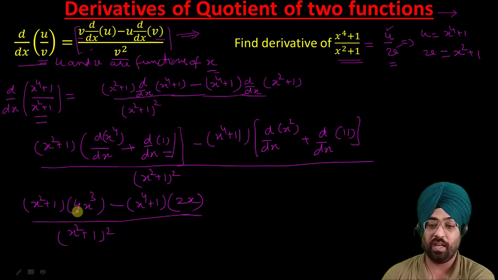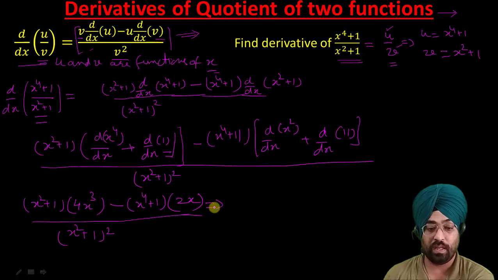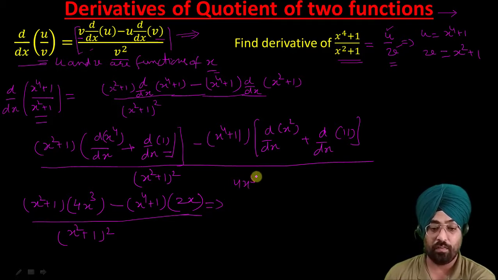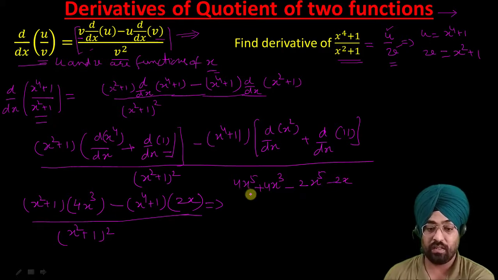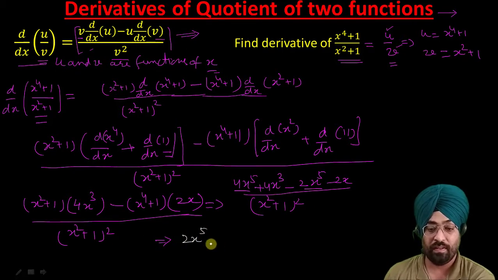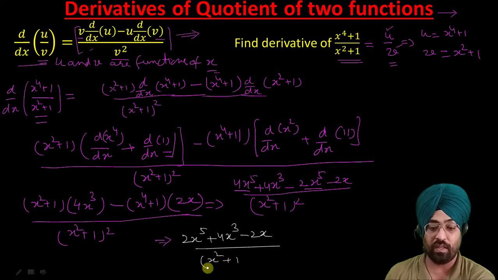If you solve it, it becomes 4x raised to the power 5 plus 4x cube minus 2x raised to the power 5 minus 2x divided by x square plus 1 whole square. Now 4x to the power 5 minus 2x to the power 5 is 2x to the power 5, so this is our answer: 2x to the power 5 plus 4x cube minus 2x divided by x square plus 1 whole square.